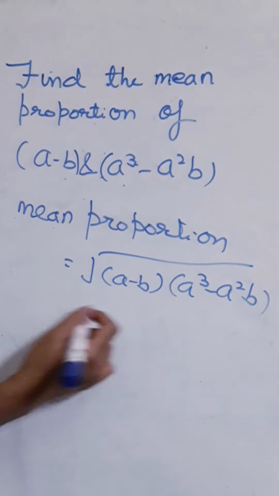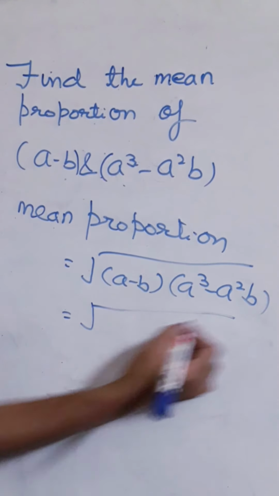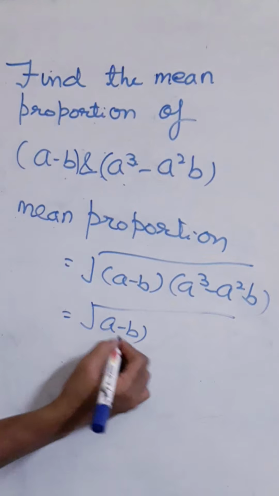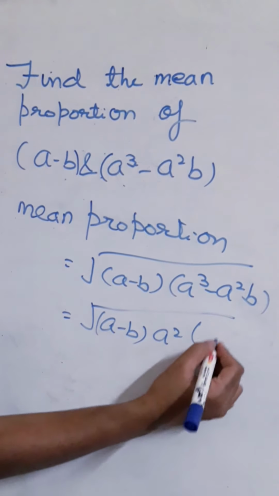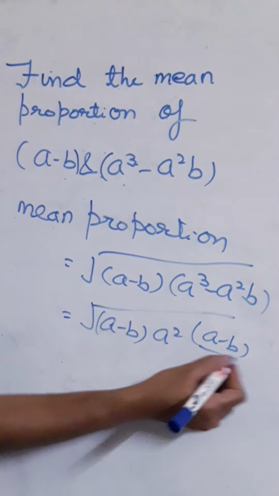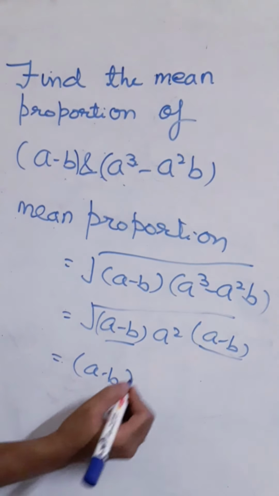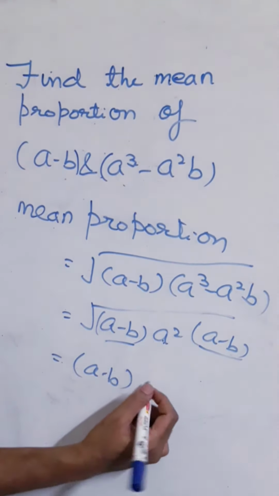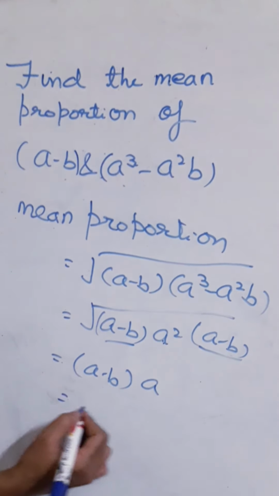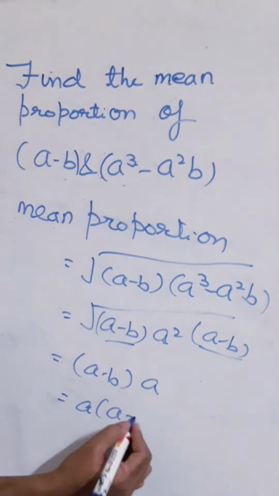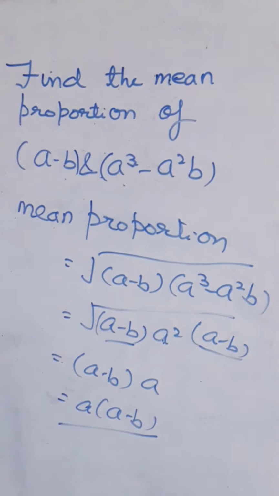Now I can factor out a square. So if I factor out a square, I will get a square into a minus b. Now we can see we have the pair of a minus b, so it can come outside the square root, and under root of a square is a. So our answer is a into a minus b is your mean proportion.